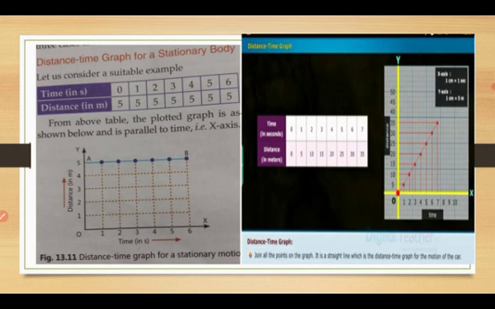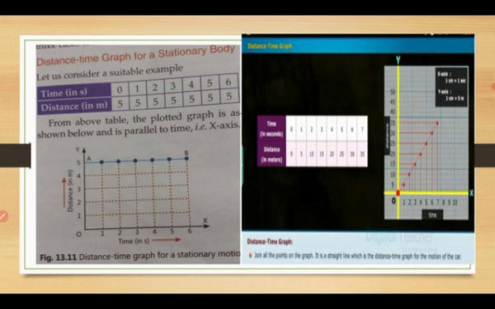Now here we will study the stationary object. You can see it in figure number 13.11. You can see that at each second of time, 1 second, 2 seconds, 3rd second, 4th second, 5th second, 6th second, the distance of the object does not change.